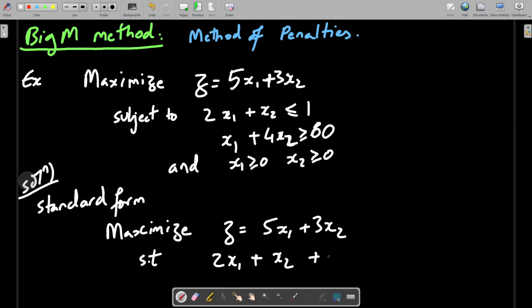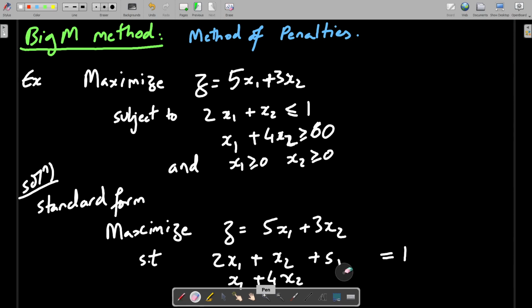Okay. This will become s1. I add a slack variable and I make it equal to 1. Then I have x1 plus 4x2. Now here this equation is greater than, right?